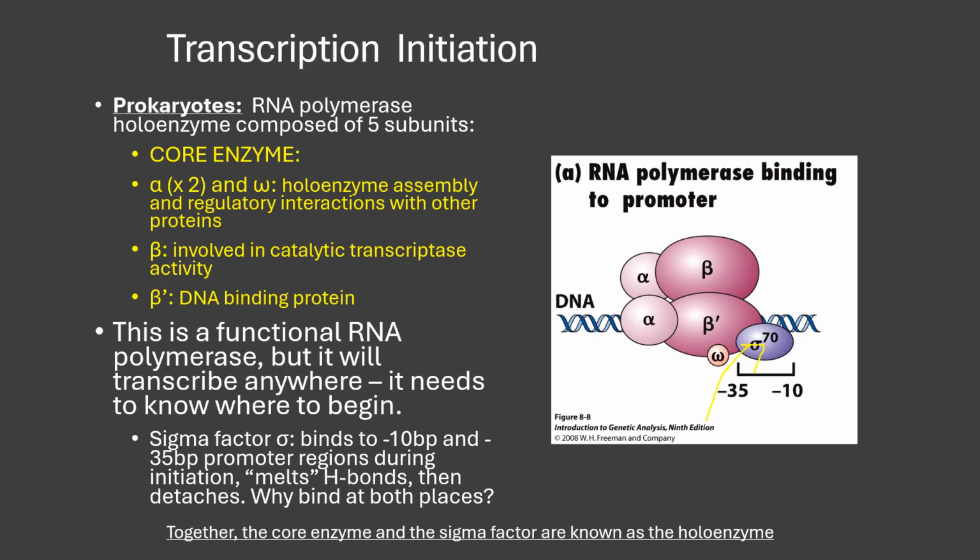But because it sits on the -35 and -10 positions, that's what's thought to orient the molecule in the correct direction to move downstream from the promoter. Just to be clear on the definitions, the core enzyme is all of these subunits, alpha, beta prime, omega, and the holoenzyme, or the whole enzyme, would include the sigma factor.